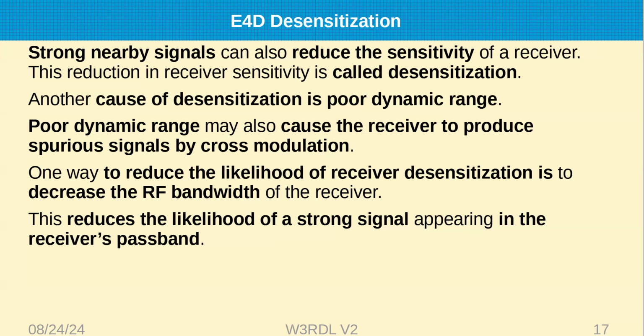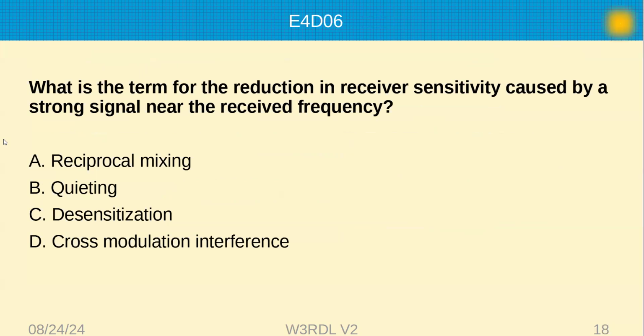So they recommend that you decrease the bandwidth of the receiver in order to reduce it. And once again, you really want to have your passband of the receiver as small as possible and still be able to receive the signal that you want to receive.